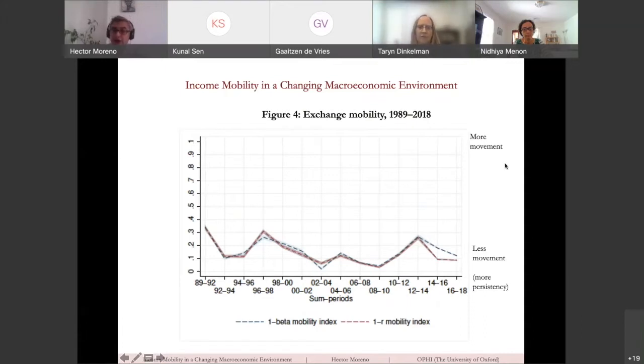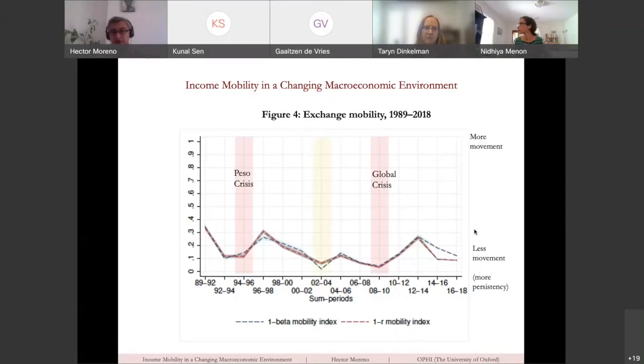The larger the value implies more movement, exchange mobility, and the lower the value implies more persistence. And what we see is that overall, the level is close to zero. And you can see 3 peaks here that precisely occur after these periods of economic downturn, which is interesting.